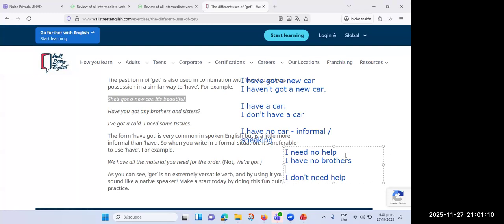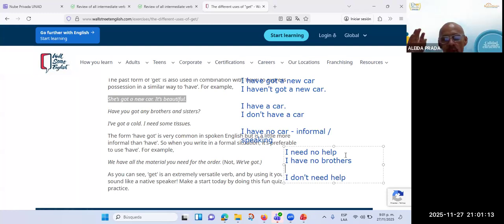Pero esto no pasa con todos los verbos. Son contaditos verbos que usted escucha así, porque, por ejemplo, cuando va a decir no me gusta, pues la verdad nunca lo he escuchado, que digan I like no. Nunca he escuchado que alguien diga I like no. La forma tradicional y la forma que siempre usamos es I don't like.